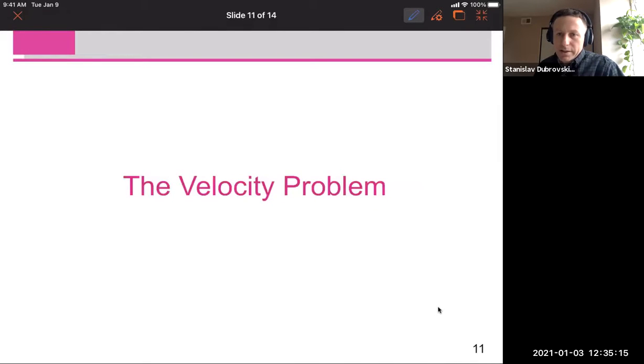Let's discuss now a very similar velocity problem. So the velocity problem is this question. Let's say that you're driving your car and you're looking at your speedometer, and the speedometer seems to be showing a new speed at each moment in time.